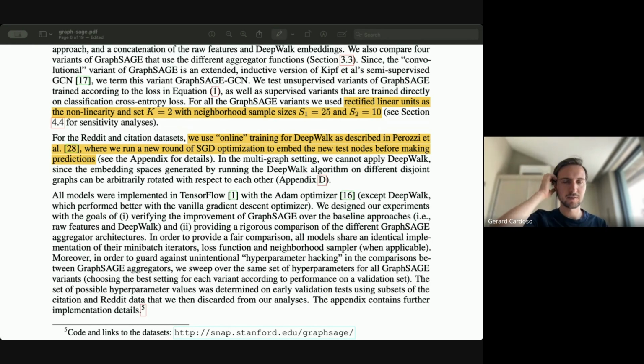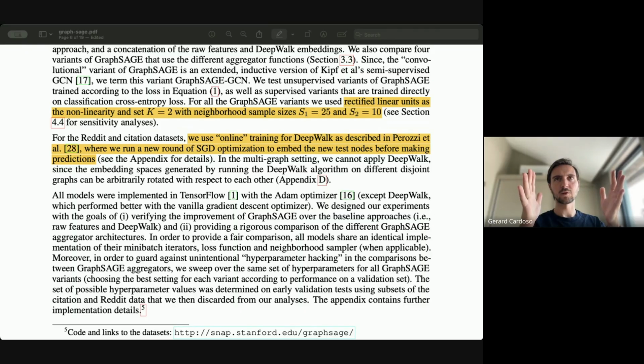So the way you do online training, as it says there, is that you have to run gradient descent again to create embeddings for the test nodes before being able to make predictions. This works for Reddit and the citation data sets, but it doesn't work for the protein interaction data set because it's a multi-graph. Let's say you have one graph and you learn embeddings for the nodes there, and then a new graph and you learn embeddings for its nodes.